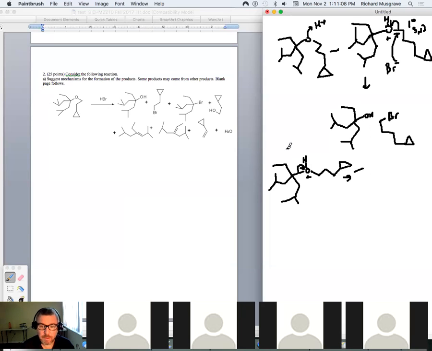And this one, because it's tertiary, will go SN1. And that's a two-step process.